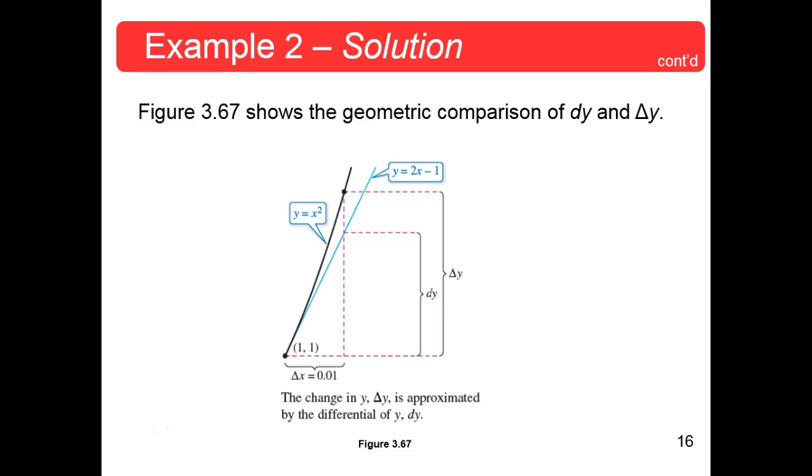Here is your actual function, it's up here, and this is your dy and this is your delta y, and there's a difference between the two. Now, they didn't put the numbers in here, but that's what we were representing. Remember, we called this 2.